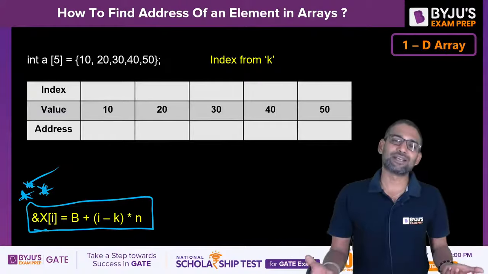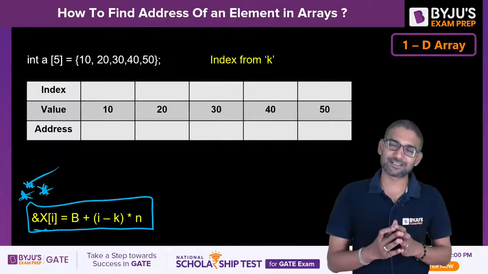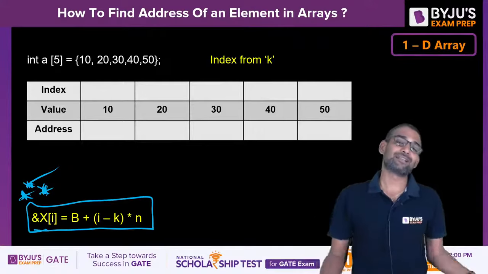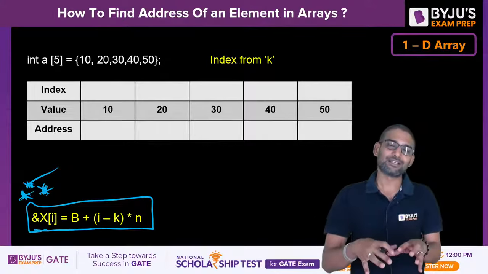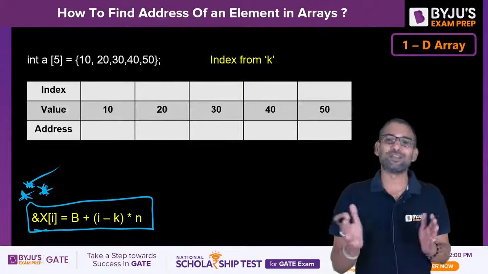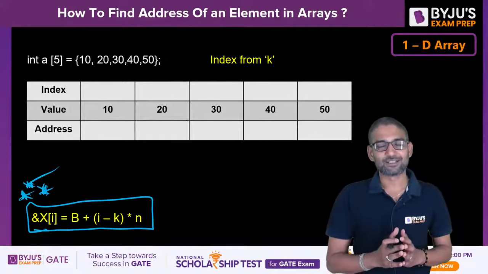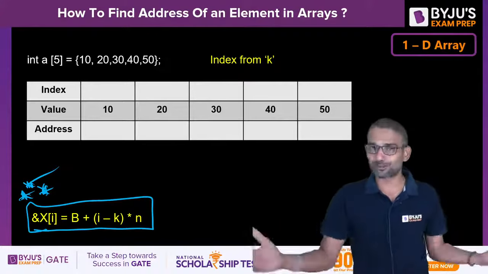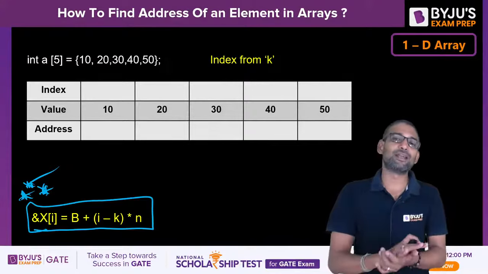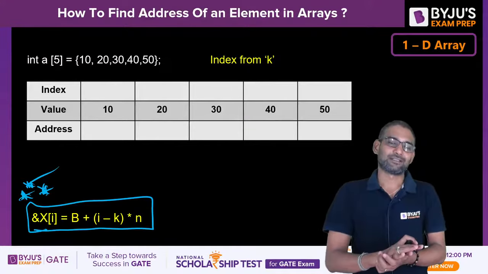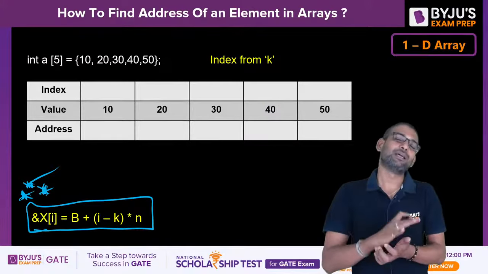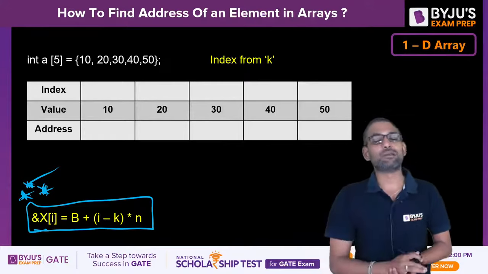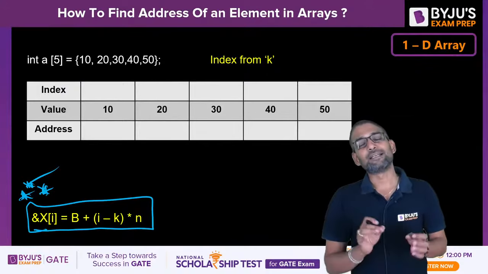Every 2D array is a combination of 1D arrays. Every 3D array is a combination of 2D arrays. A 2D array is in turn a combination of 1D arrays. So a 3D array you can take as a big set of 1D arrays. So 1D array is the basic. If you understand 1D array, any other dimension you will be able to understand easily.